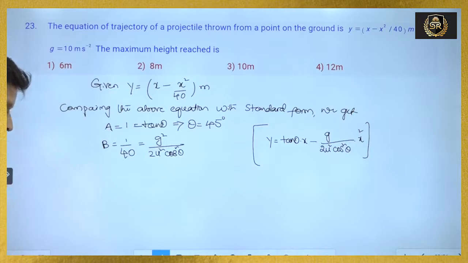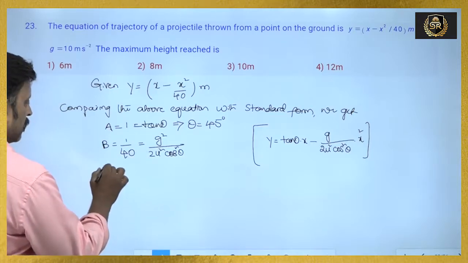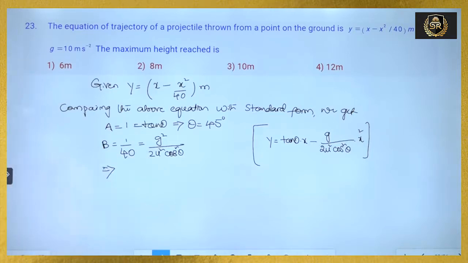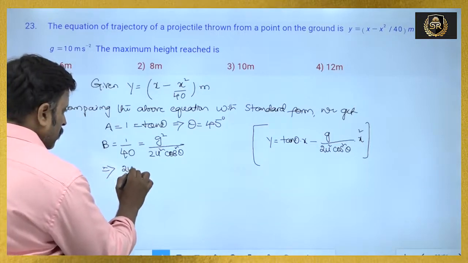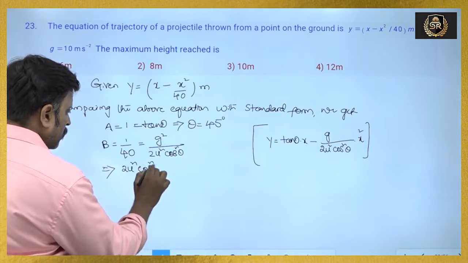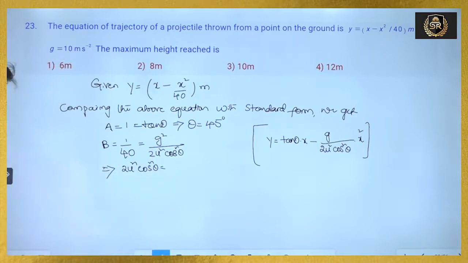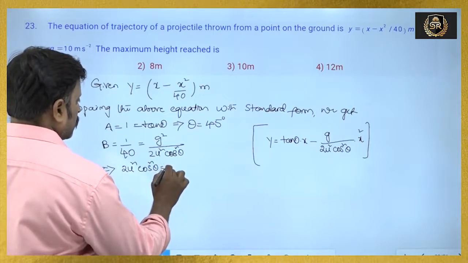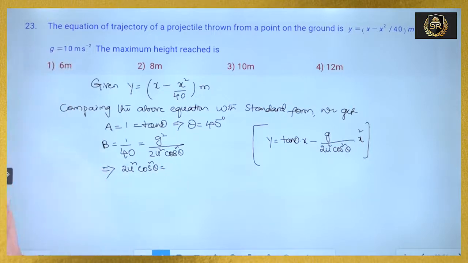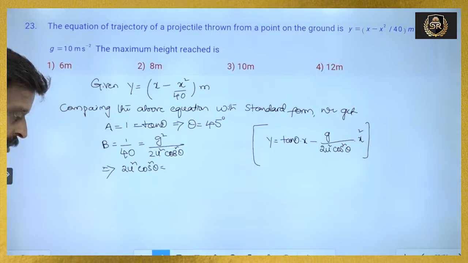Okay. So if you cross multiply, I can write 2u square cos square theta is equal to 40 g. This g value is 10 as you are asked to take.